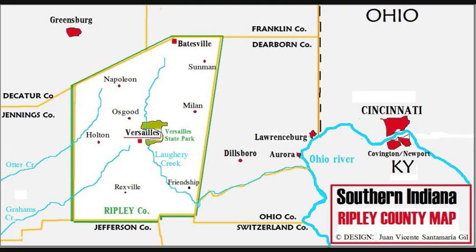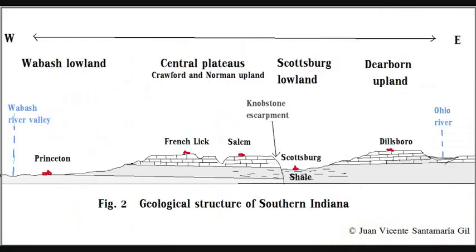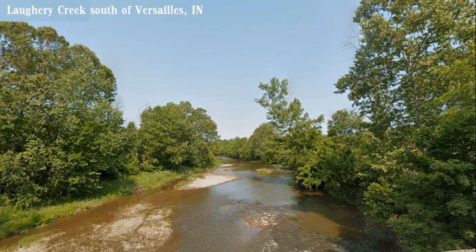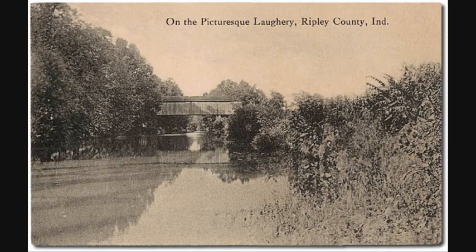Ripley County is part of the so-called Dearborn Uplands, a region of plateaus about 300 meters above the sea level, formed by thick layers of limestone, only broken by rivers and streams that cut these plateaus with narrow valleys, several meters deep, as does the Laughery Creek, a tributary of the Ohio River that cuts Ripley County in two parts.